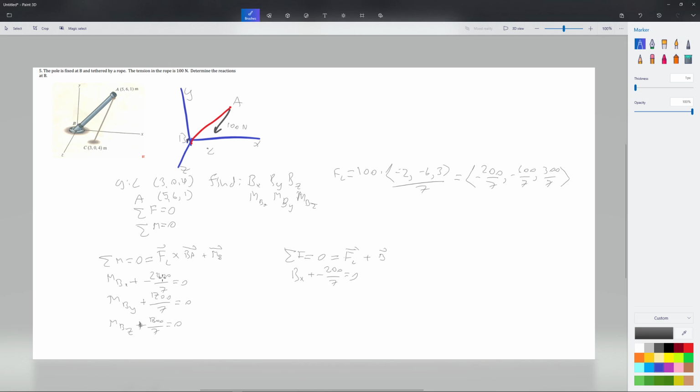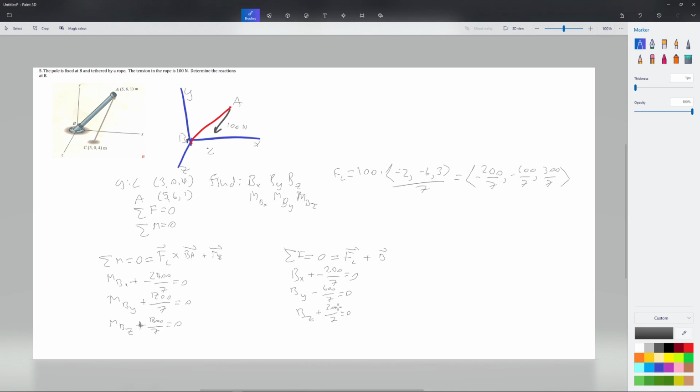And then By minus 600 over 7. Bz plus 300 over 7. And those are also trivial to solve. So that will give us our 6 reactions at B.